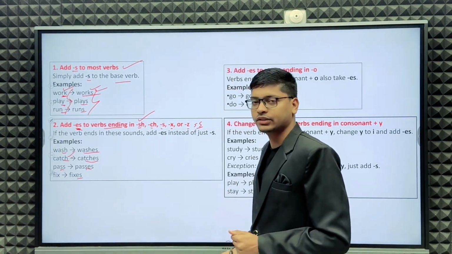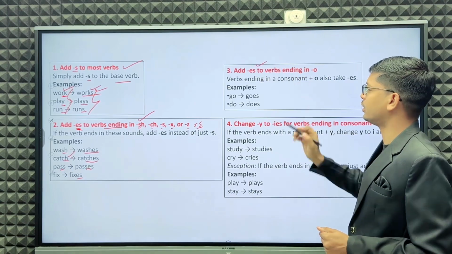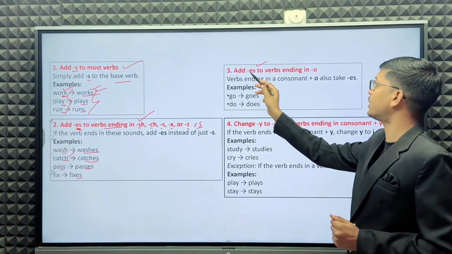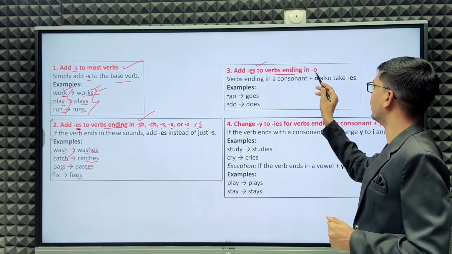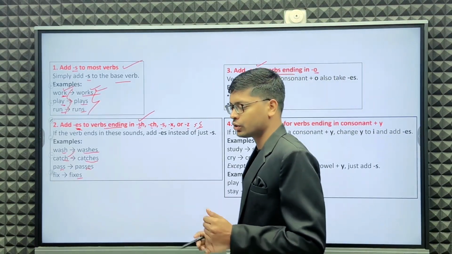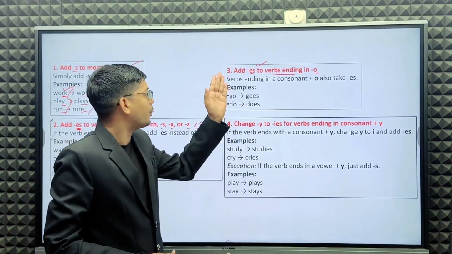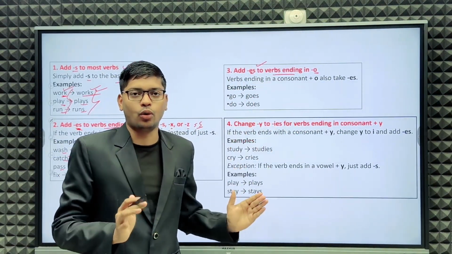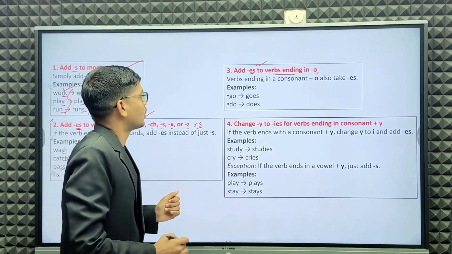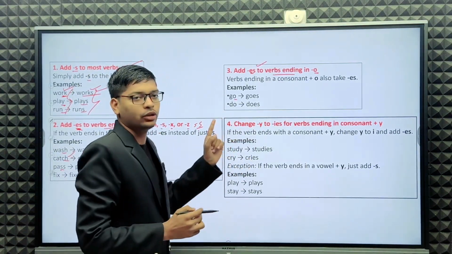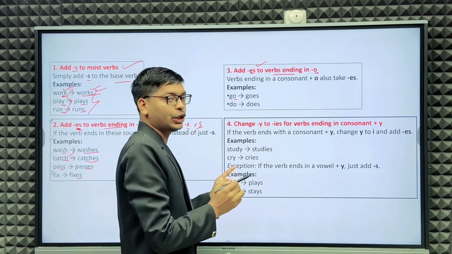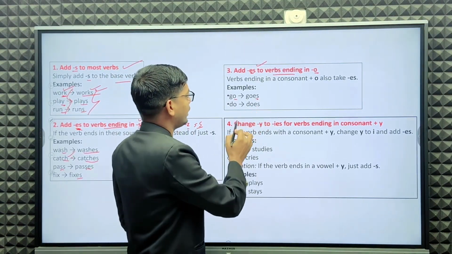Next, our third rule: add es to verbs ending in o. Example: go ends in o, so we need to add es.